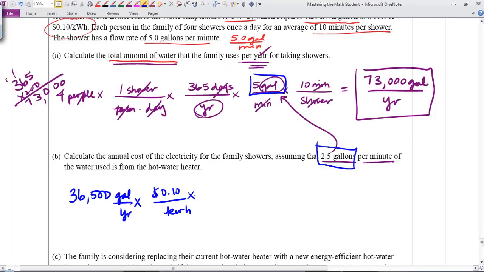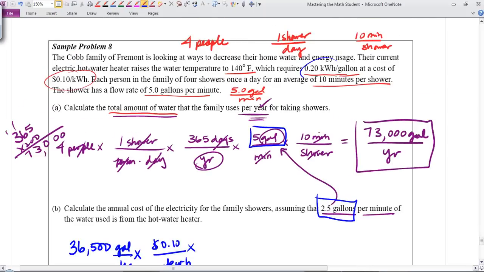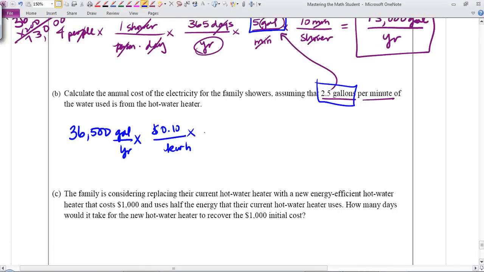The cost was how much? 0.2 kilowatt hours per gallon. Okay, so now let's see if we can get out of a little trouble. Gallon, kilowatt hour, dollar per year. Hey, I'm home free.